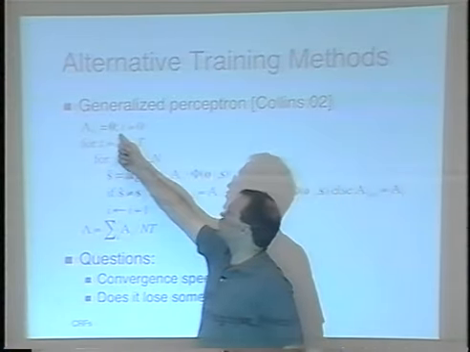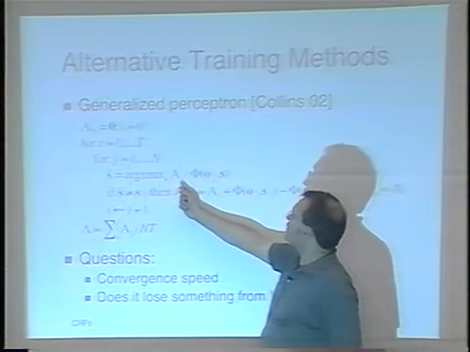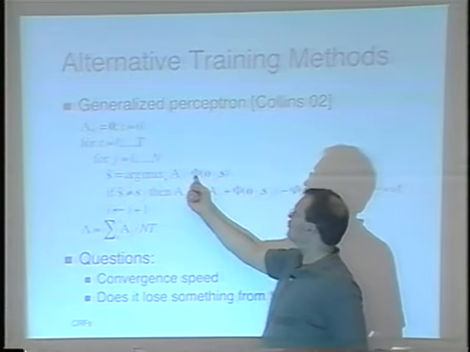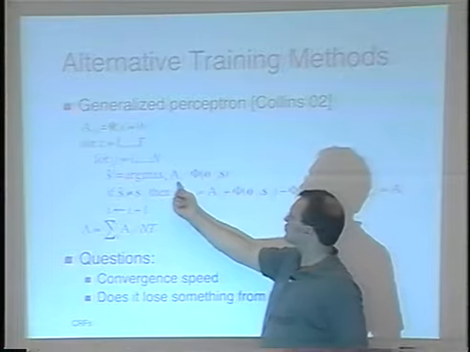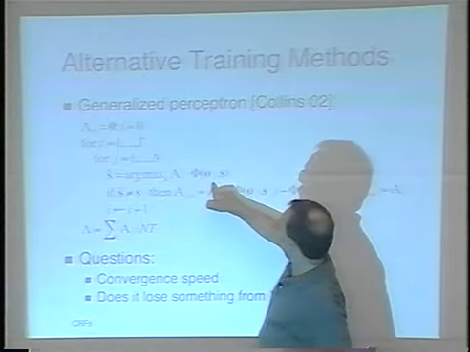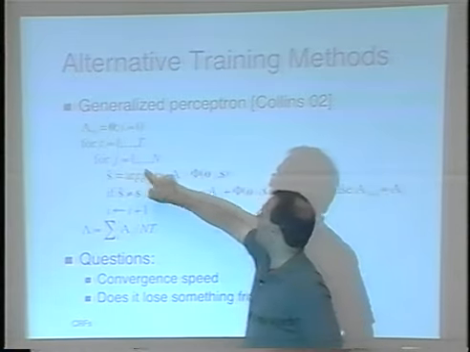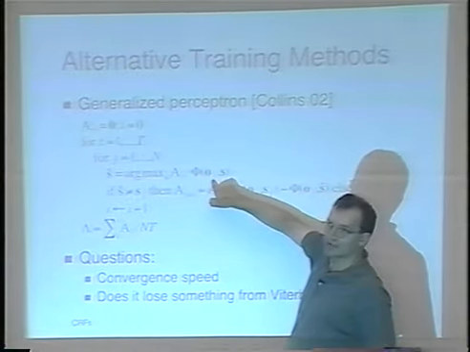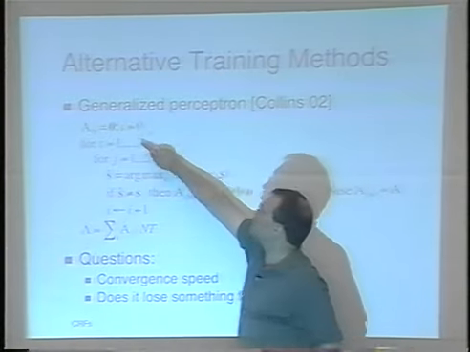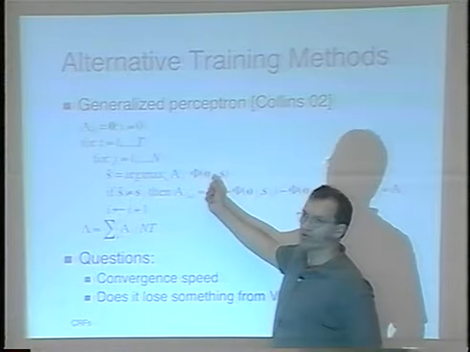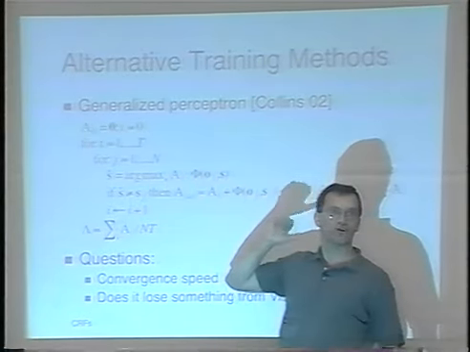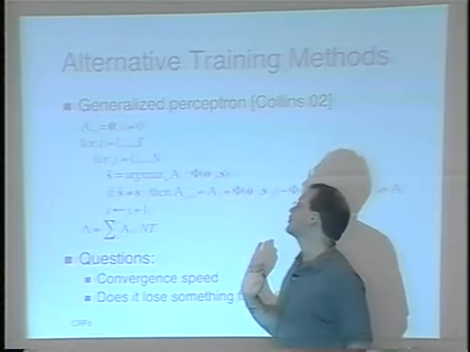You start with A equals 0 and compute the argmax of A times the feature vector over labelings, for training instance j. I compute the best labeling according to the current model. Initially this is 0, so you need a tiebreaker of some kind because all the labelings have the same score. So there's a subtlety about tiebreaking.